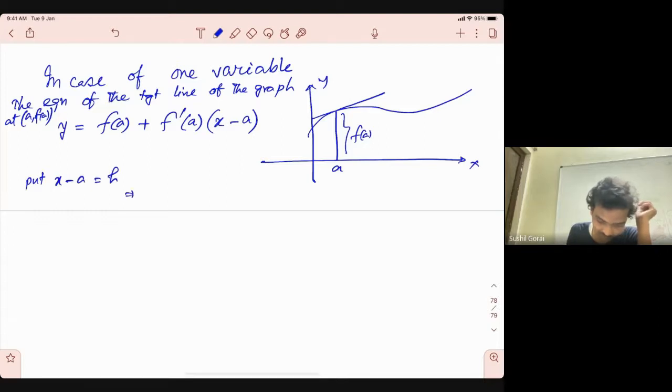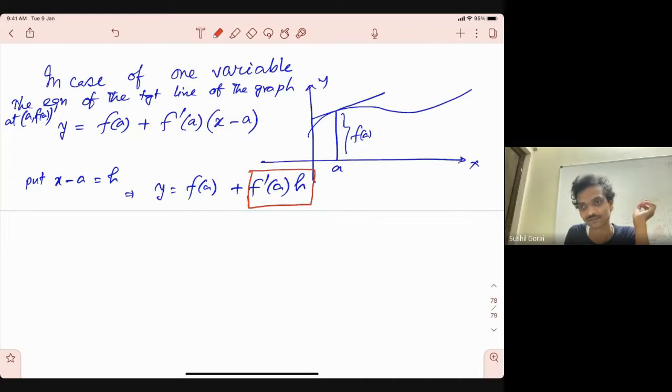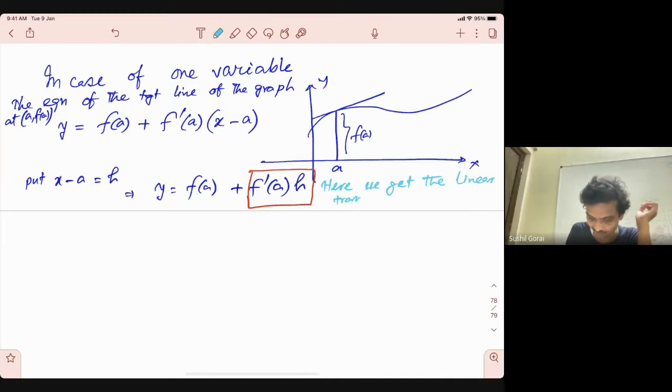So what you get is y equal to f of a plus f prime a times h, right? So here you get the linear transformation that represents the derivative.